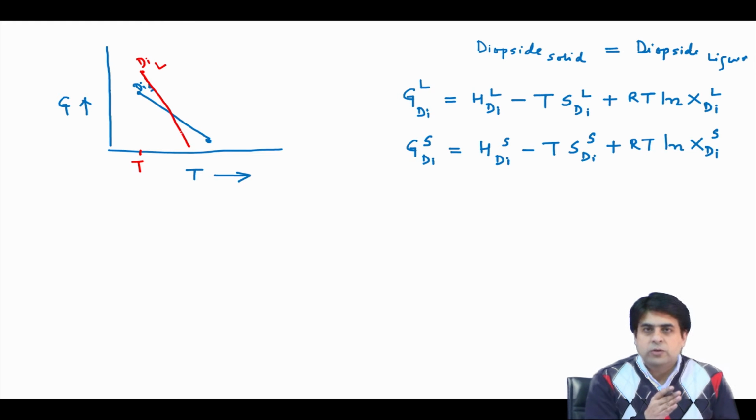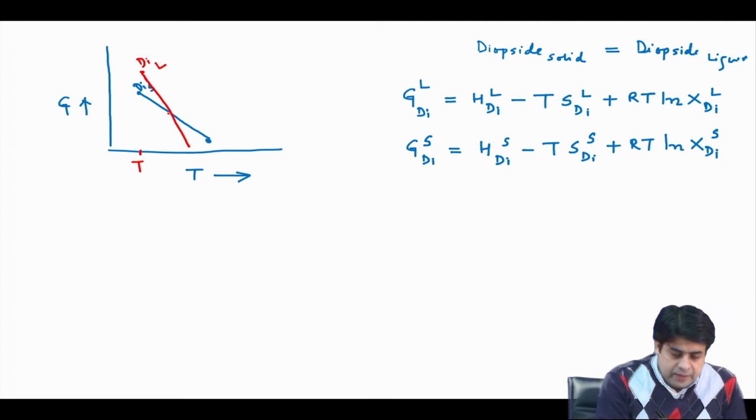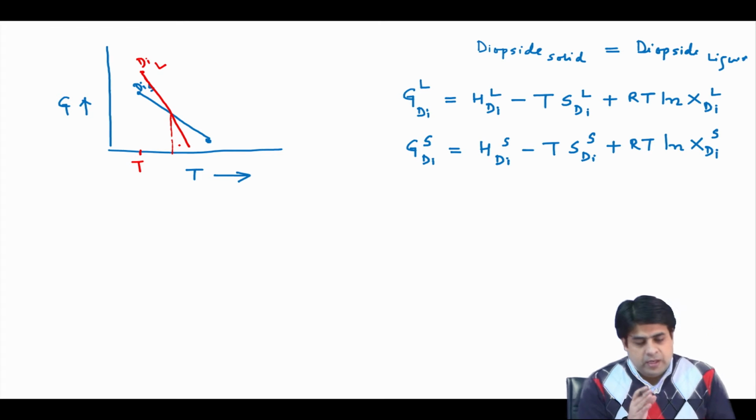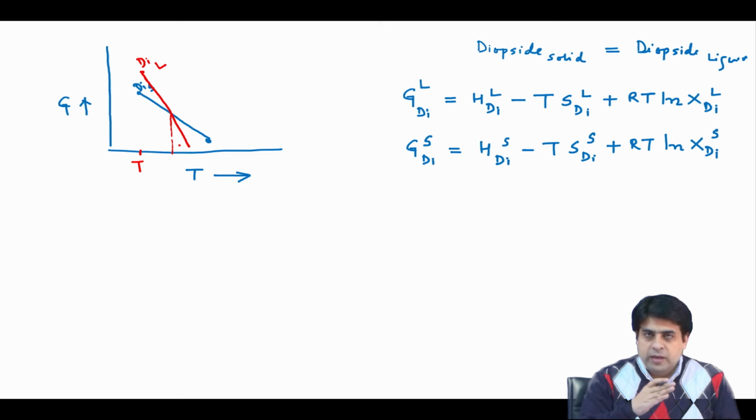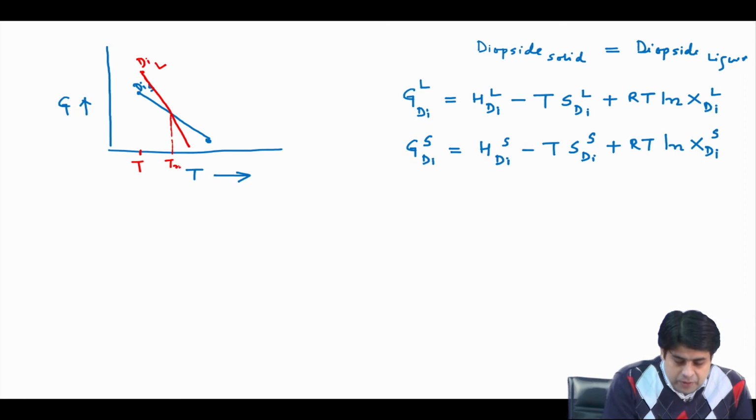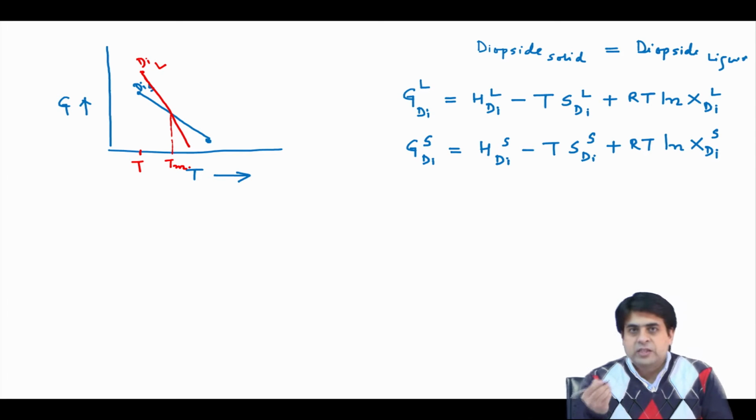So, the dioxide liquid slope will always have a steeper slope compared to the dioxide solid slope, because at higher temperature entropy is higher. So, when entropy is higher, your G will be lower, okay, because this is a negative relation. So, basically at this point, where the dioxide solid curve is intersecting with the dioxide liquid curve, that is your melting temperature, where your delta G will be 0.